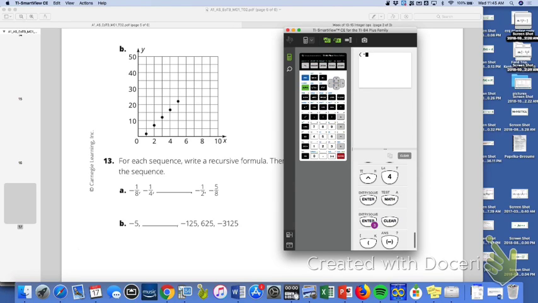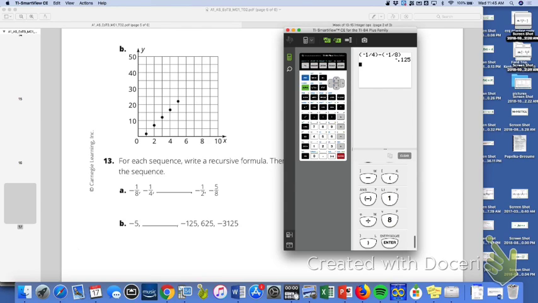How do we do a fraction? 1 divided by 4. Close it. And then we need to subtract -1/8. Just like our warm-up today, you're subtracting a negative. Don't just subtract 1/8. So that's going to be minus, because that time it is subtraction. Open parentheses, -1 divided by 8. And close it. The calculator is going to give me my common difference right there.